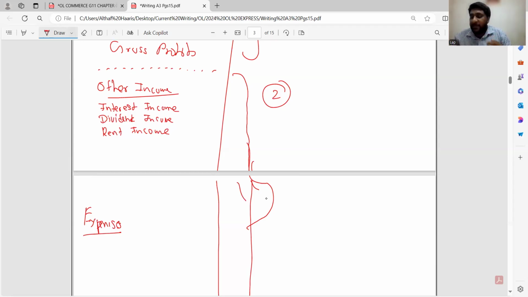List down. Think of a business. What other expenses will they have? Electricity, water, salaries, internet bills. What else?